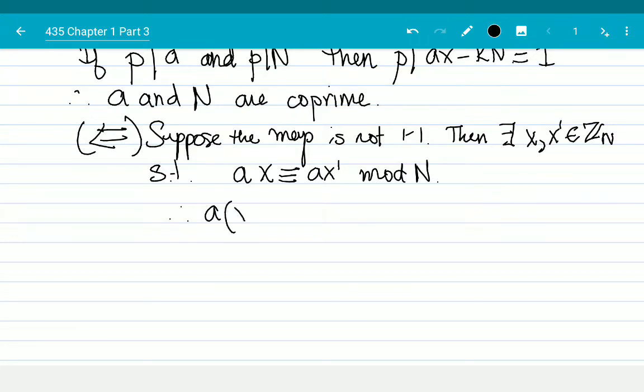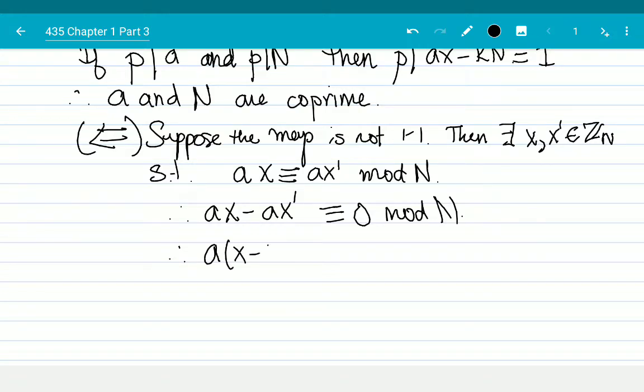Therefore, ax minus ax prime is congruent to 0 mod n, which is to say a times (x minus x prime) is equal to k times n for some k.